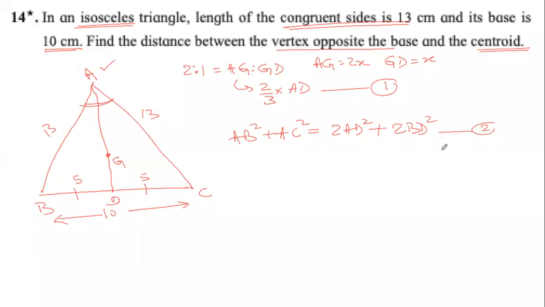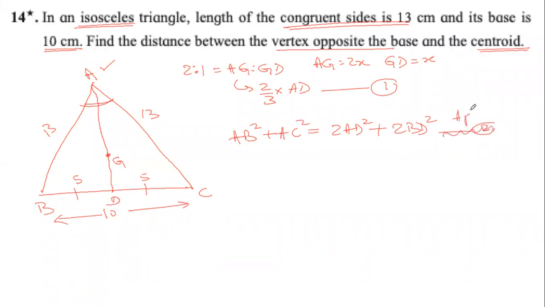So we can find that AD equals 12 centimeters. Yes, that also we can do. It's up to you. The reason I'm not using congruence here is because the class doesn't remember. I'm trying to use the maximum things from the current chapter. That's the only reason I'm doing it like this.